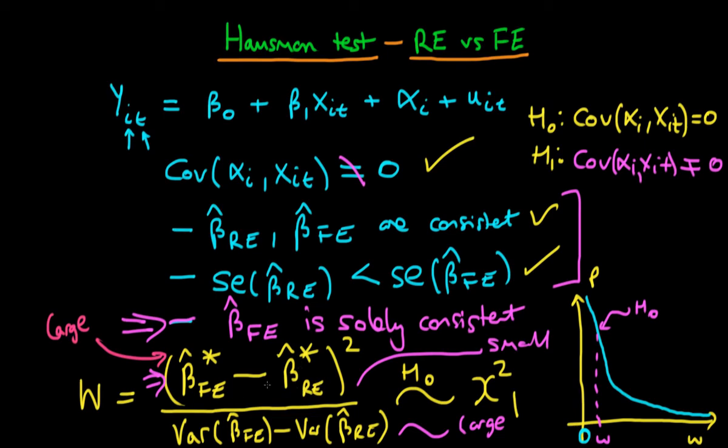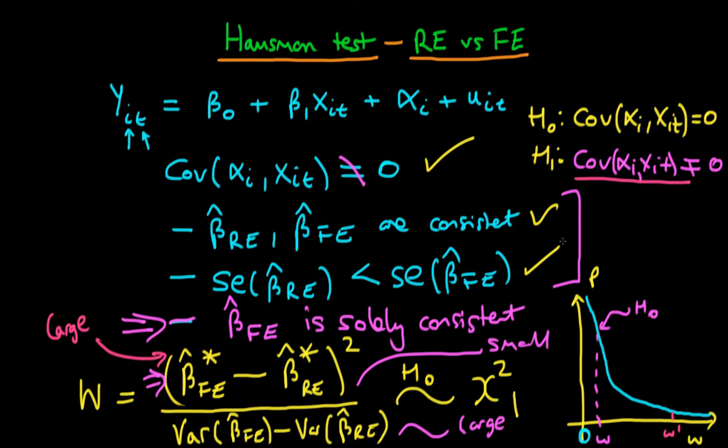And because of this large numerator, the value of W, the Hausman statistic which we get, could be quite a long way away from 0, so perhaps it's somewhere like this. And it is actually quite unlikely that we would get a value of W this far away from 0 if the null hypothesis was true. So if we get a large value of W, we are going to reject the null hypothesis, and it looks likely that fixed effects estimation is the way to go, because essentially we have some covariance between alpha i and x_it which doesn't equal 0.